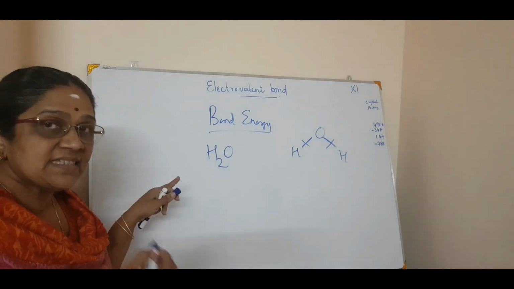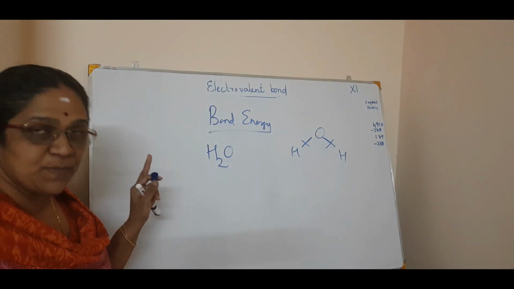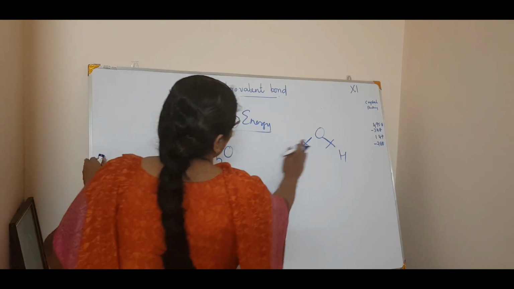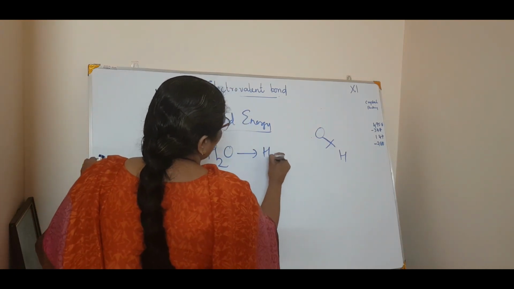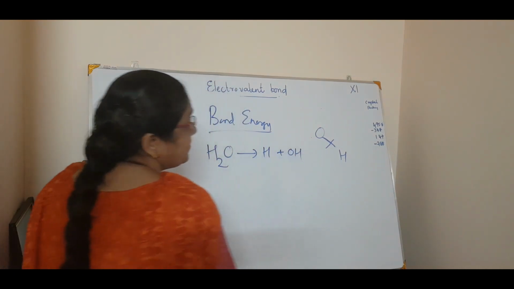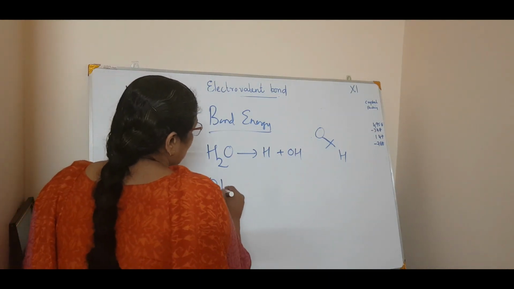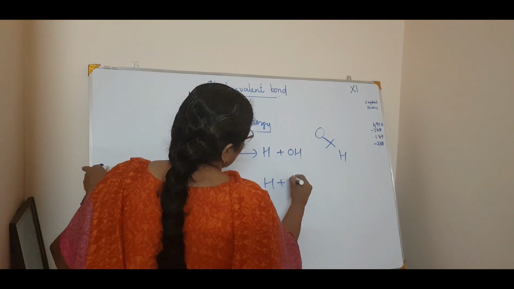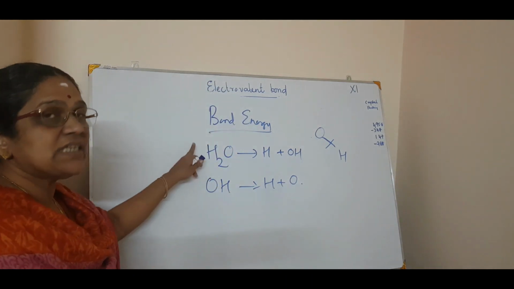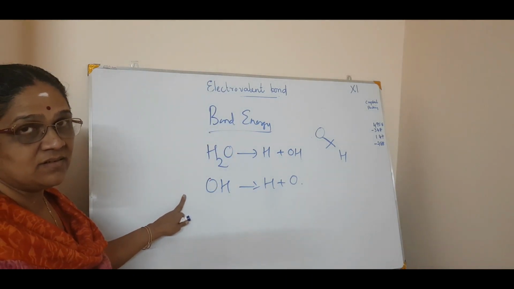It is something less than X. Which means, in the case of H2O, first it will form H and OH. Then again this OH will form H plus O. So there are two steps in this.